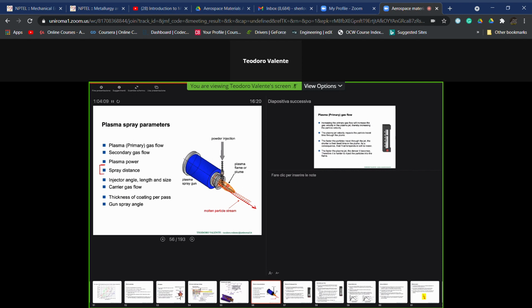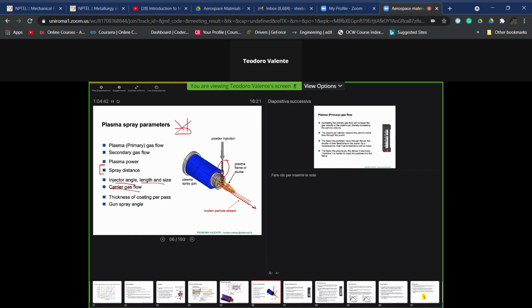Then also the injector, the part through which the powders are flowing, transported by a gas. So the carrier gas flow is important, we just discussed it before, but also the injector angle is important, as well as the length and size, because if this is the plume, sorry for my drawing, we can have injection in this way, in this way, or in this way, that is a negative angle.